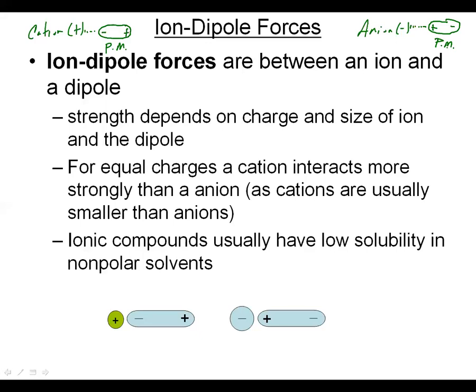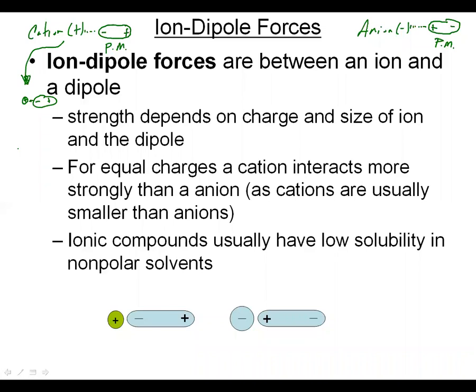For equal charges, a cation usually interacts more strongly than an anion. You may remember that to become a cation, you have to lose electrons, and your size gets smaller. The smaller positive ion will probably have a stronger attraction to a polar molecule than an anion, which has gained electrons and become larger.